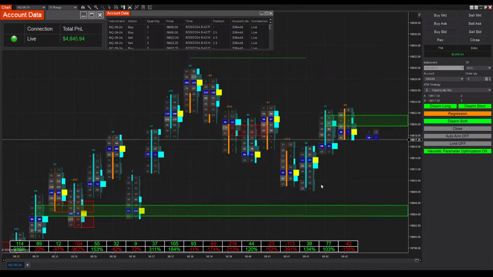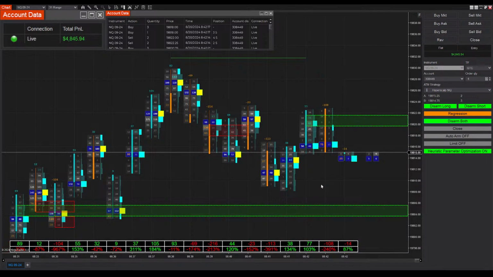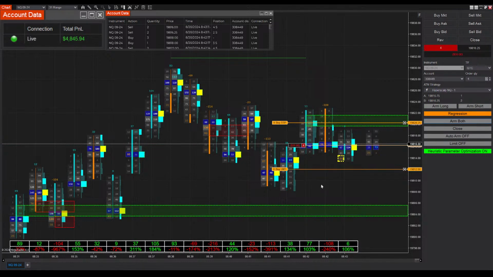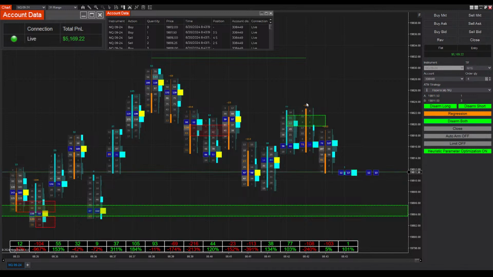Ended up winning that one, up to 4,845. And we ended up winning that one, putting us right over the $5,150 mark.